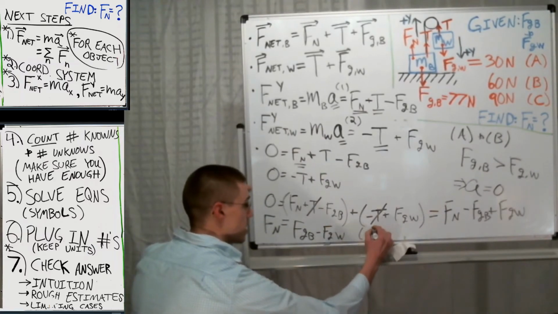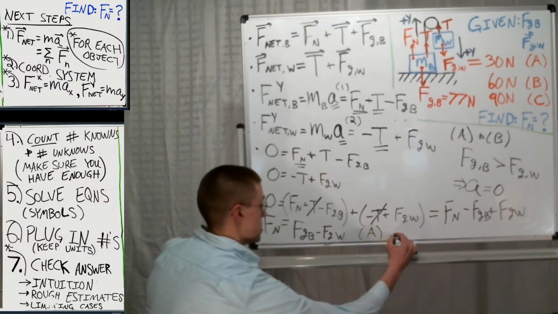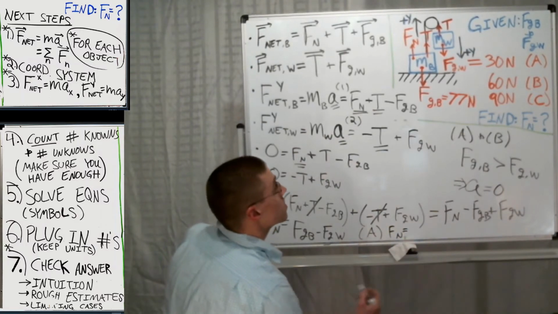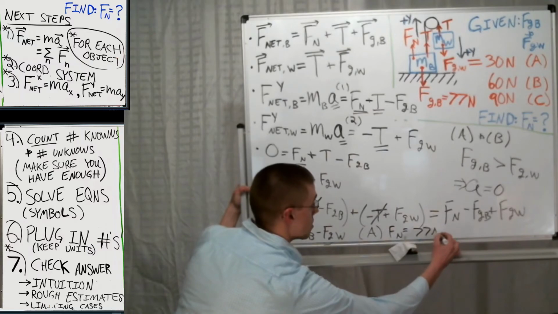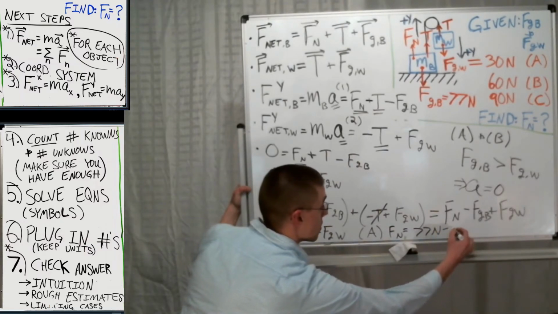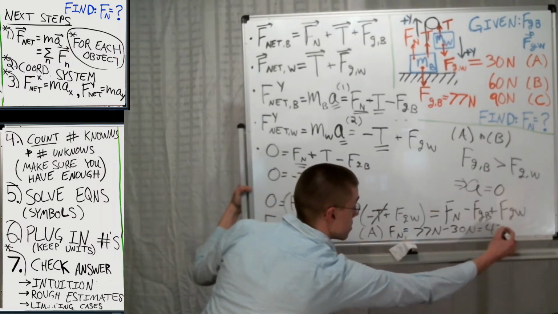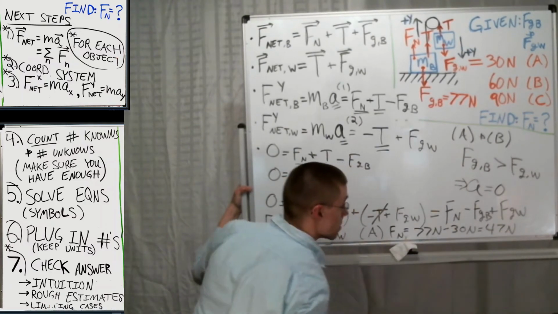So for part A, that means Fn would be 77 newtons minus 30 newtons, right? That's 47 newtons.